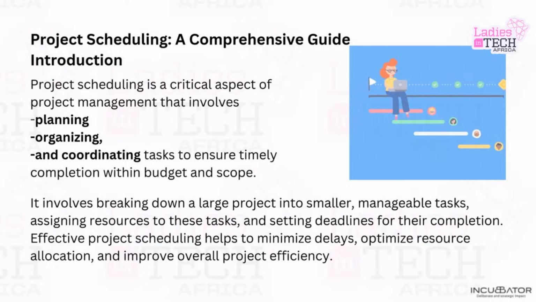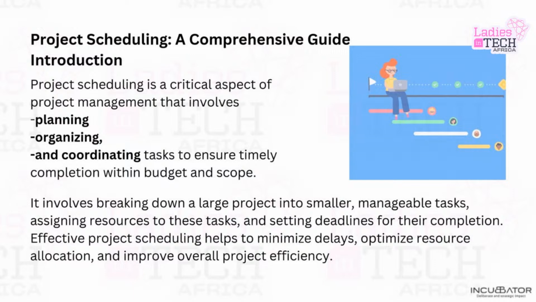So we spoke about project scheduling being a comprehensive guide in project management and how it's important for you to plan, organize, and coordinate to make sure that your task is completed within budget and scope, and for the overall success of that project.